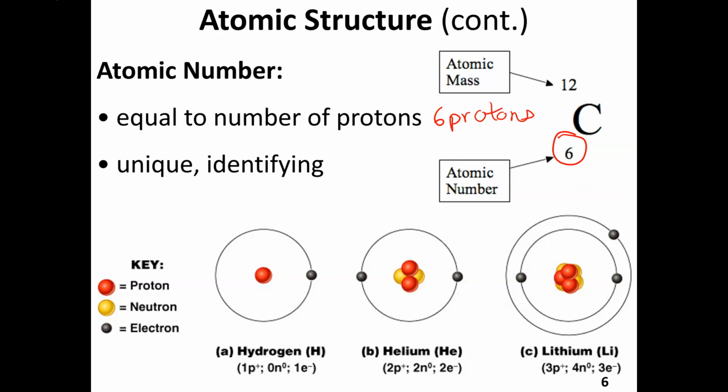The mass is equal to the number of protons and neutrons. Since we have a mass of 12, we can find the number of neutrons by subtracting the 6 protons. That would give us 6. So there are 6 neutrons as well.